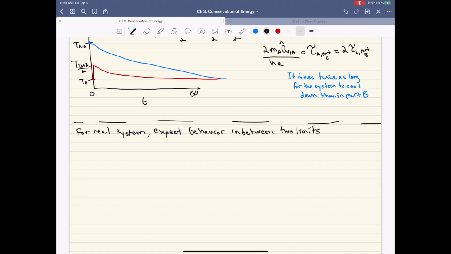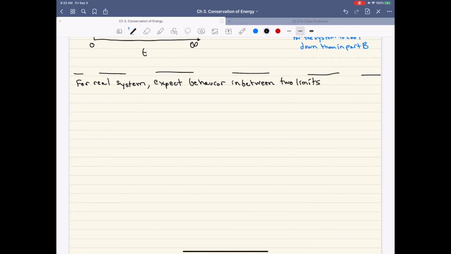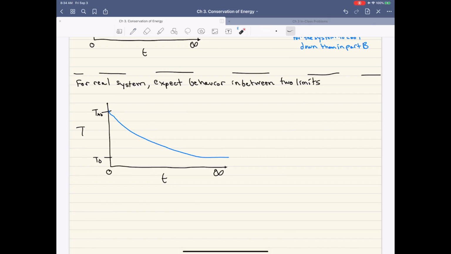Okay? And so if we plotted the temperature versus time, infinity, here's TA naught, here's T naught. We'd probably still expect temperature A to follow some exponential decay, though the rate at which it decays would be a bit different.